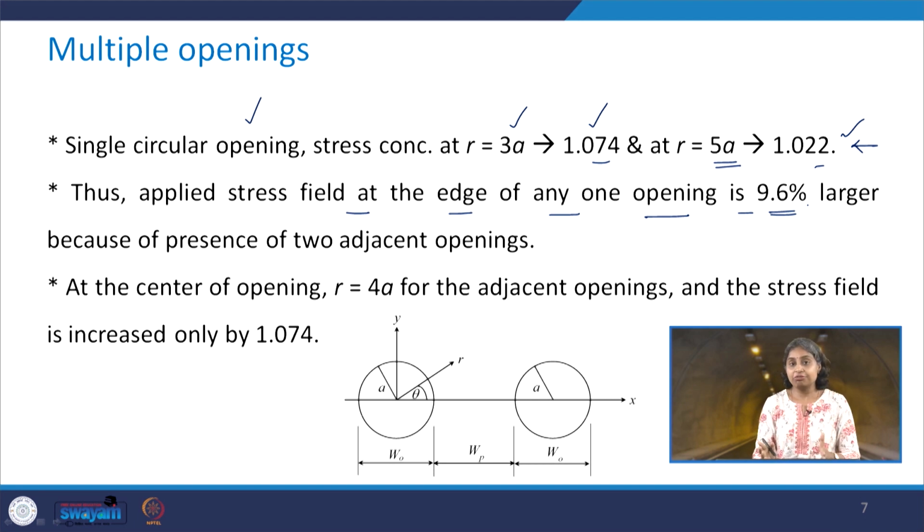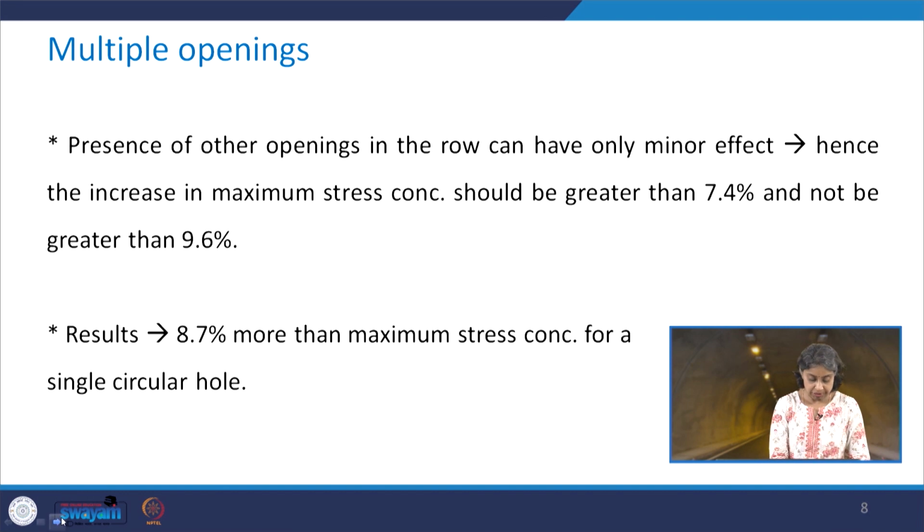But at the center of the opening, what will happen? That is when you have R equal to 4A. In that case, for the adjacent opening, the stress field will be increased only by 1.074. Now the presence of the other openings in the row can have only a minor effect, and therefore the increase in the maximum stress concentration should be greater than 7.4% and not greater than 9.6%.